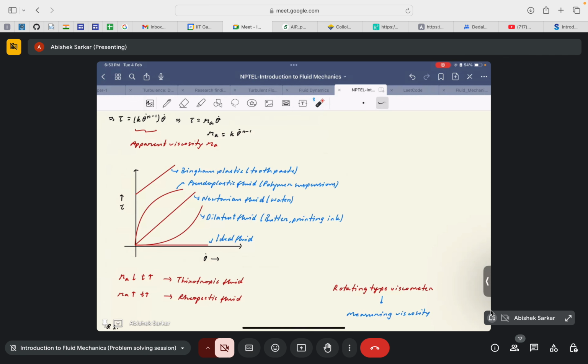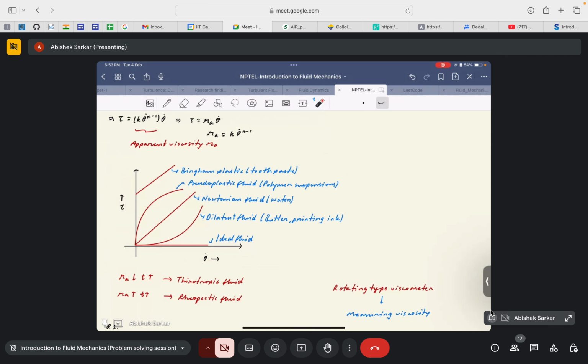Then for dilatant fluids or shear thickening fluids, the shear stress will not give a linear curve, but will increase as the shear strain rate is increased.